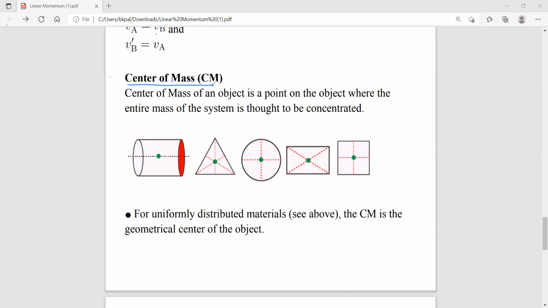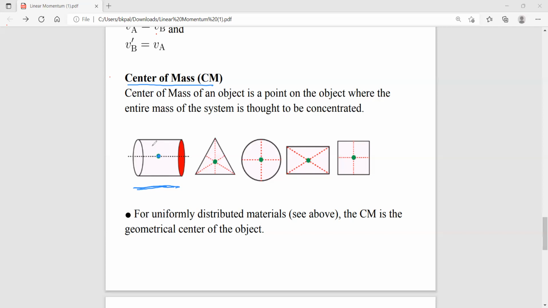If the materials in an object are uniformly distributed, then the geometrical center is the center of mass. For example, for this cylinder, this is the geometrical center. So if the material in this cylinder is uniformly distributed, then this center is the center of mass.